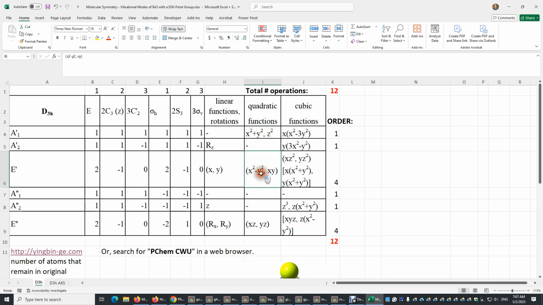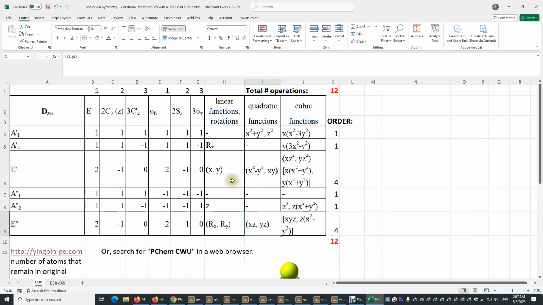So over here you look at the elements in the polarizability matrix of the system. So you have this, this, and this. Those are the elements in the Raman spectrum. Alright, so A1 prime is Raman active, E prime Raman active, and E double prime is also Raman active.